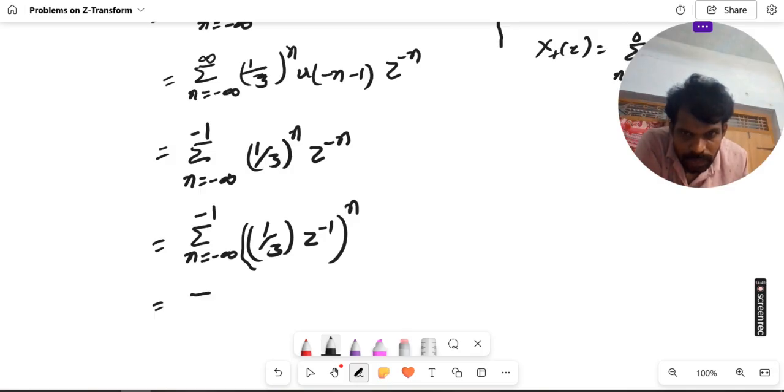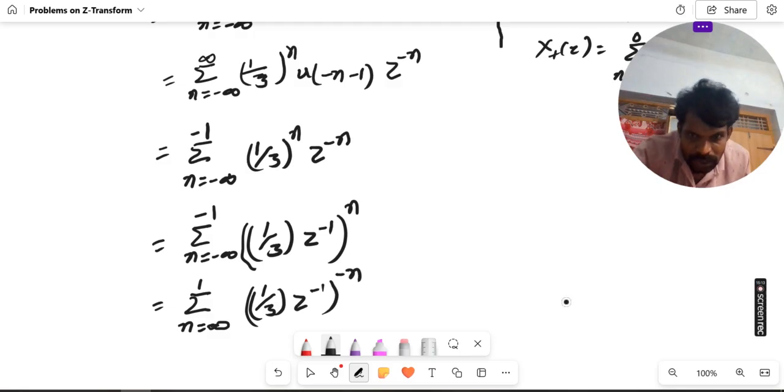Now let us change the limits, minus infinity to 1, which we write as (1/3 z to the power of minus 1) whole to the power of minus n.